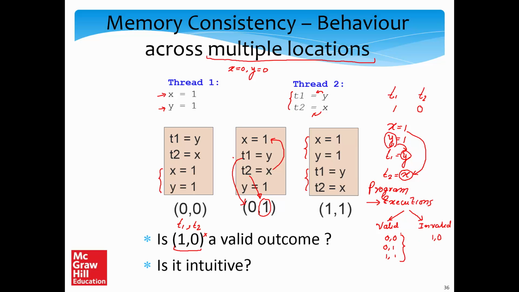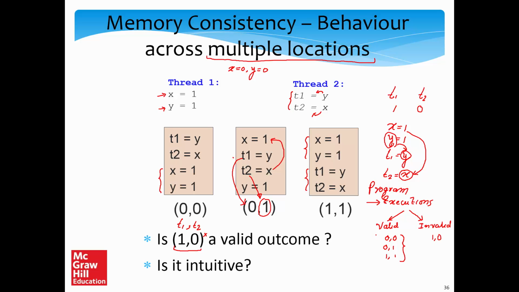And the way that we are reasoning is that we interleave the instructions in the different threads. That is the crux of our reasoning. That is how we have defined something to be intuitive or reasonable. Different machines allow different interleavings and different outcomes.